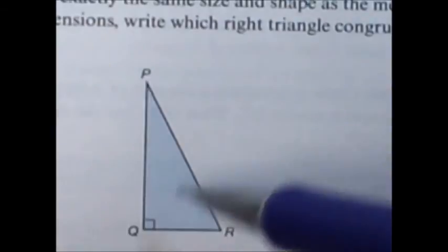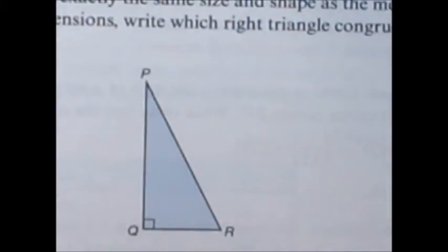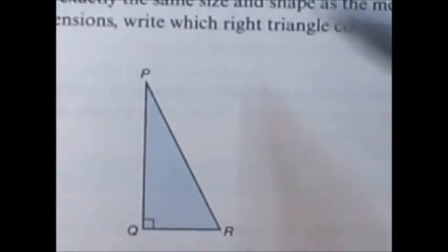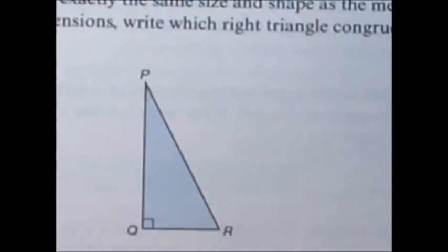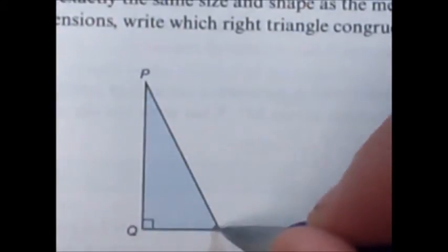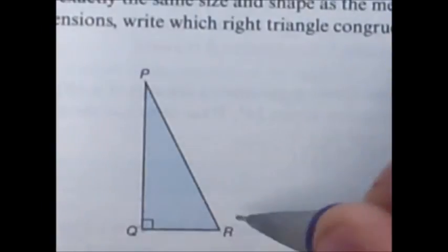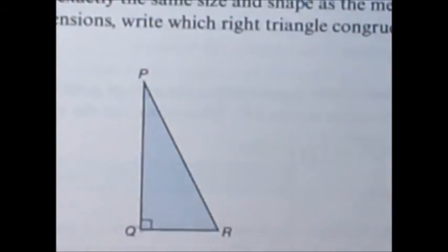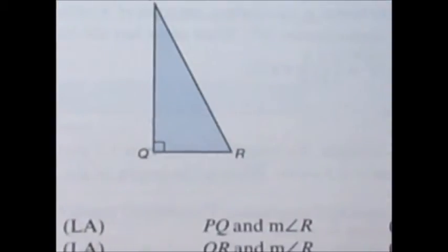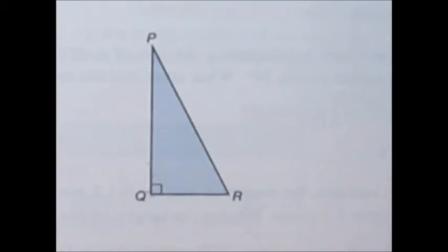Or if I said QR and P, that would be again using leg angle. Also, I could say RQ and P, again using leg angle. There's 4 there because I can use this leg and that angle, or this leg and that angle. Again, I can use this leg and angle R or angle P, so I can use any of those. That's the first 4 listed on this solution.